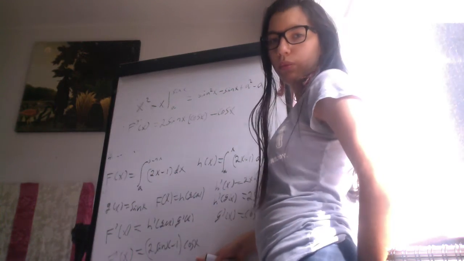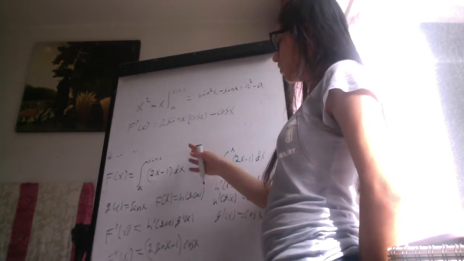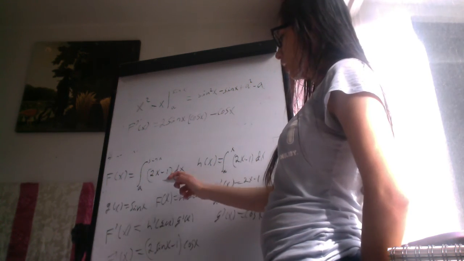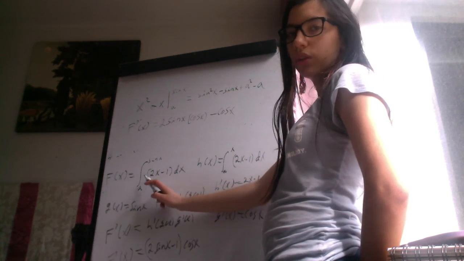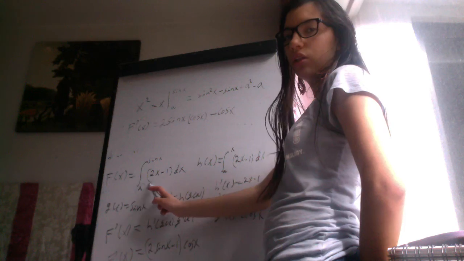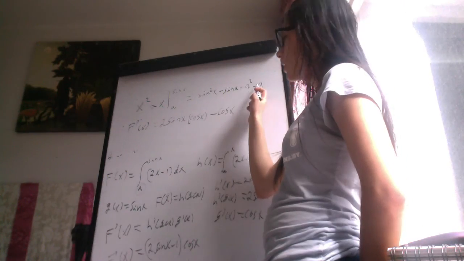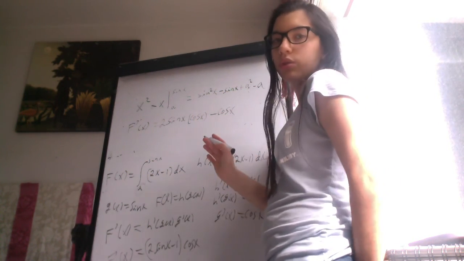So you can be pretty sure that this kind of chain rule works, and it doesn't matter what value we have here, even if it is just a number, because when we take the derivative, the constants will be 0, so they will not count.